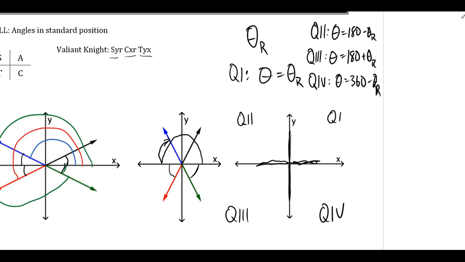It's between 90 and 180, so that'd be in quadrant 2. If somebody tells me that theta is 290, then I know I'm in quadrant 4. It's bigger than 270, smaller than 360, right? So again, pulling in pieces of information from all different areas to solve these problems, whatever the problem happens to be. Lots of different kinds of questions in this.